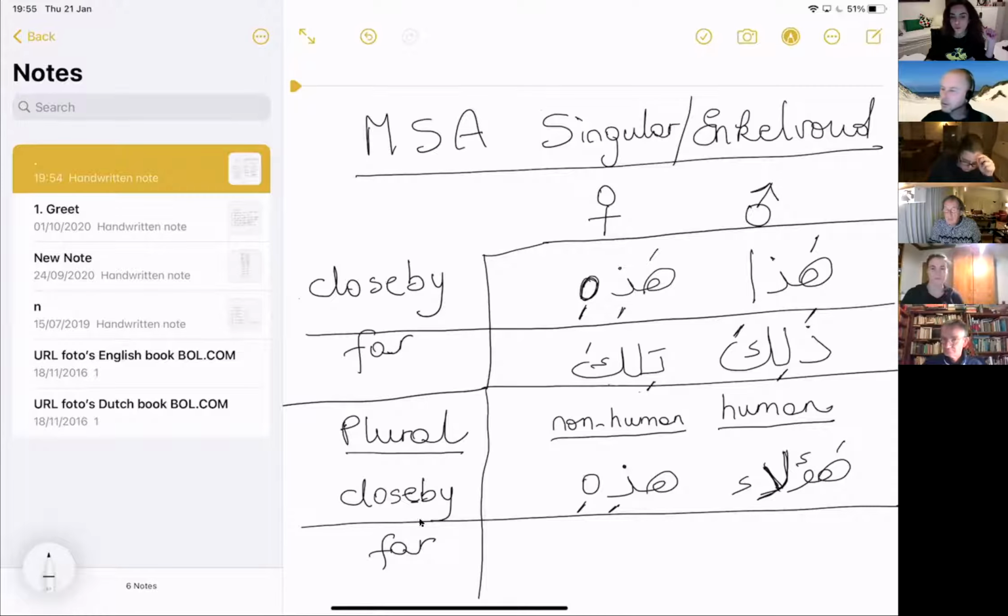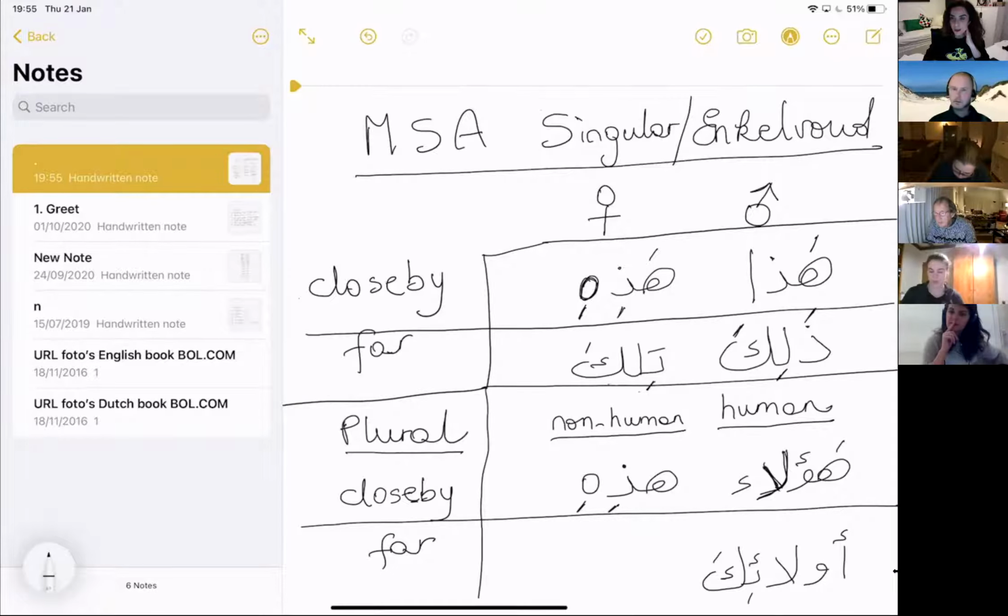Now, if what we're pointing at is far, those students, yani die studenten, then the demonstrative is أولئك. Can you see the screen? أولئك.